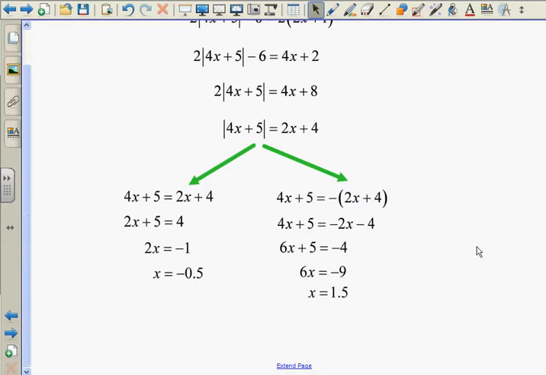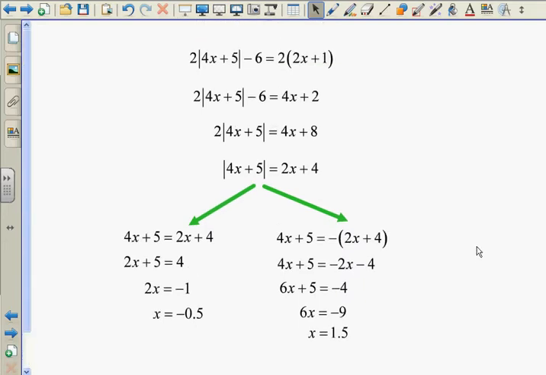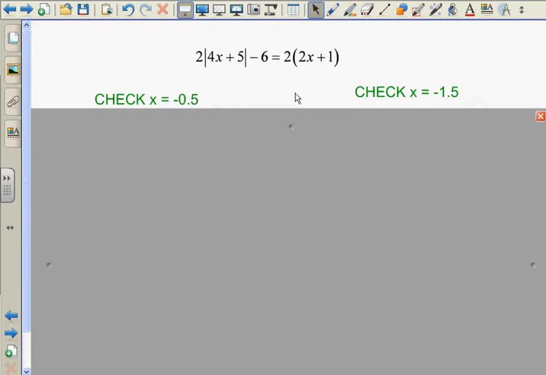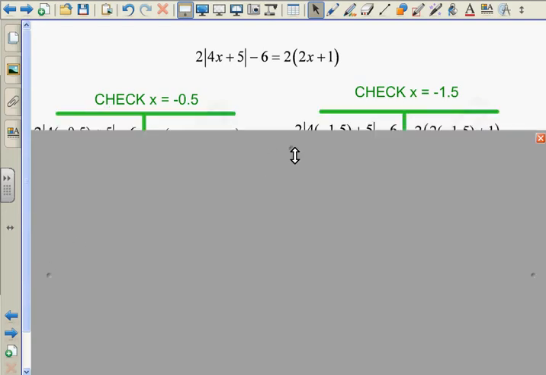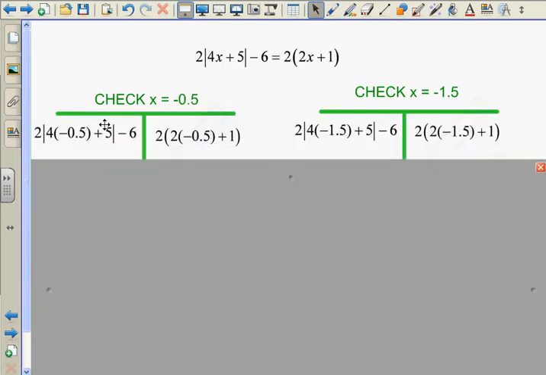And again, especially now since we don't have a graph to look at, we don't know if both of those answers work, if one works, if neither work, so we have to check. So, checking each of these, negative 0.5 and negative 1.5. And there we go. So again, just plugging in for x on both sides. That's what this is. I just kind of separated it so I wouldn't get confused.